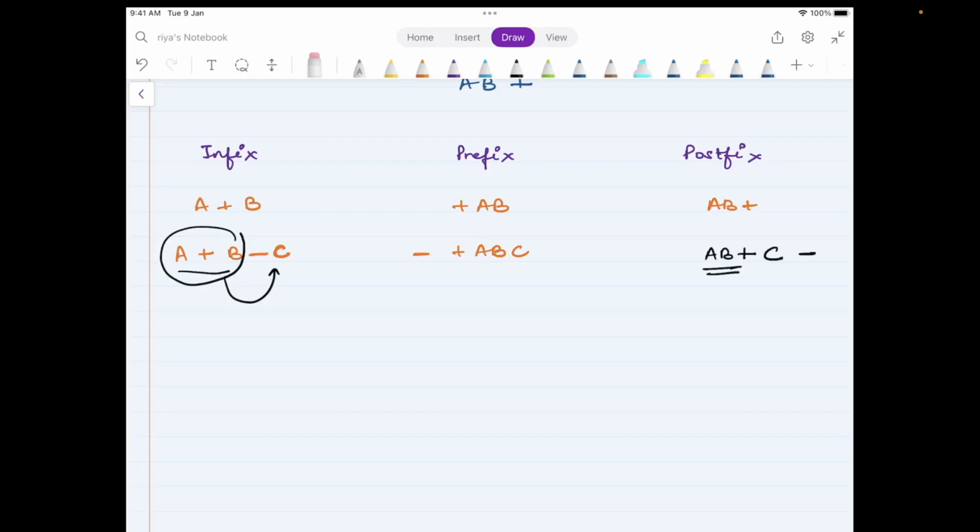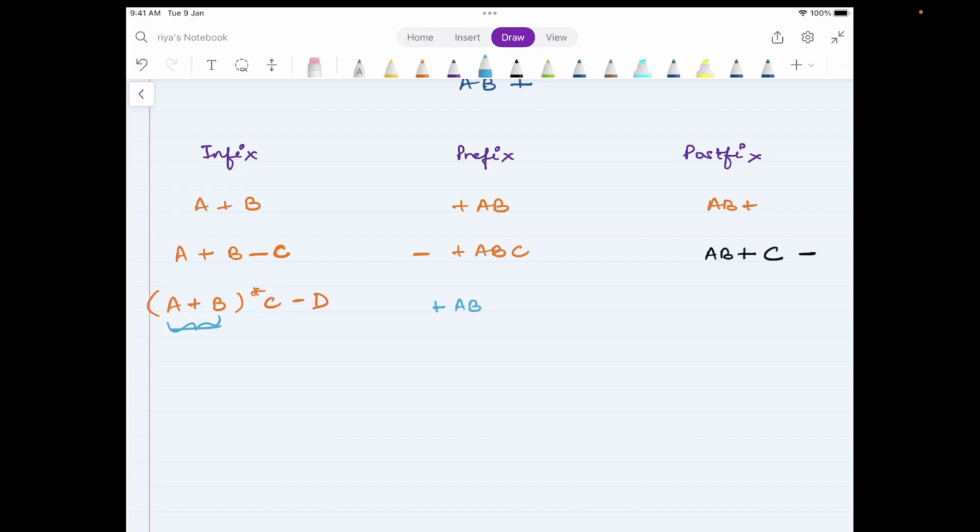Okay. Let's take a slightly more complex example where we have A plus B into C minus D. Okay, so in this case, again, follow the same idea. First, you will do AB. So this is A plus B, AB plus, something like this.